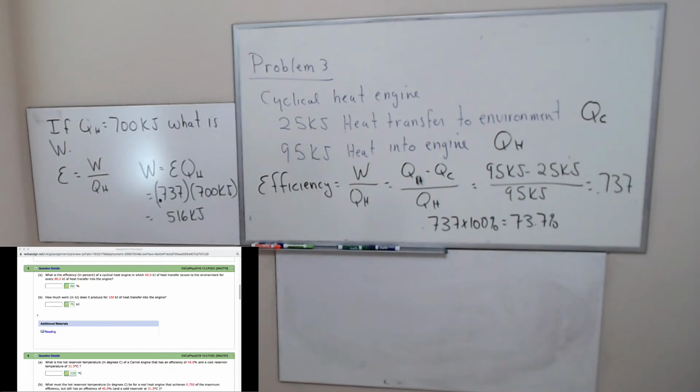Let me try number 10 then. Okay. Number 10, and I'll be honest, number 10 is strange just because they use an approximate expression for entropy change. I think he said you guys talked about it in class. So let me change something here.